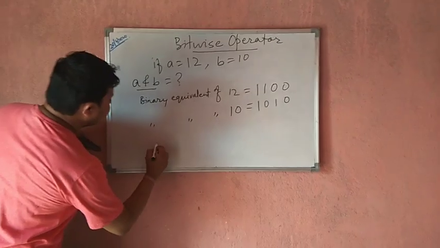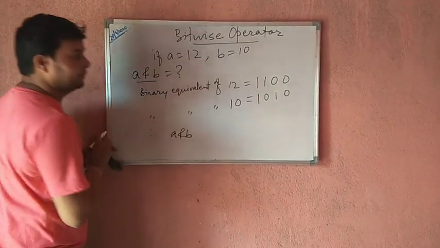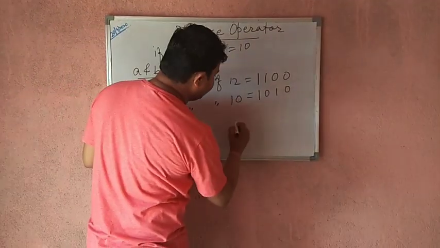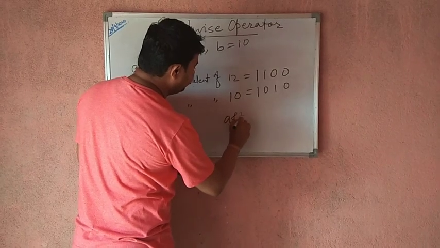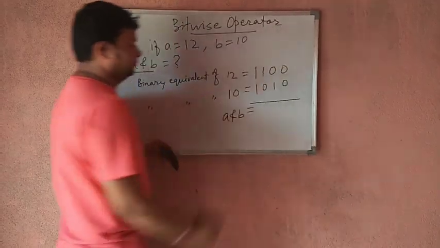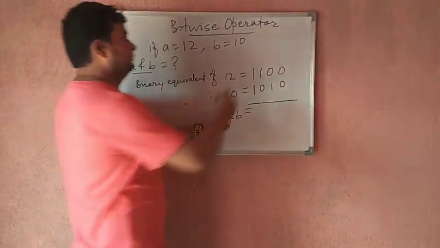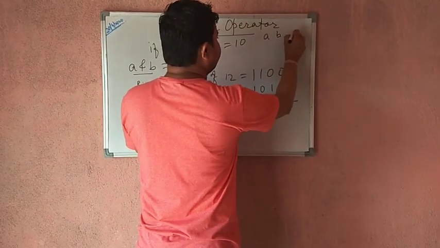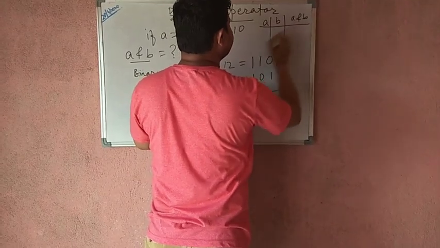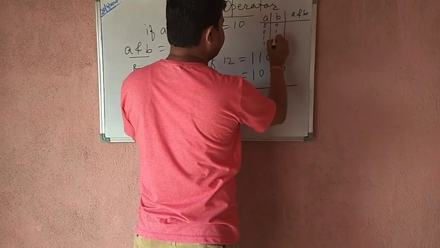Now let's see. A and B we will convert, right? So for A and B I am writing here itself. What will be A and B? Just go to that table. A, B, A and B. This table: 0 0 1 1, 0 1 0 1.